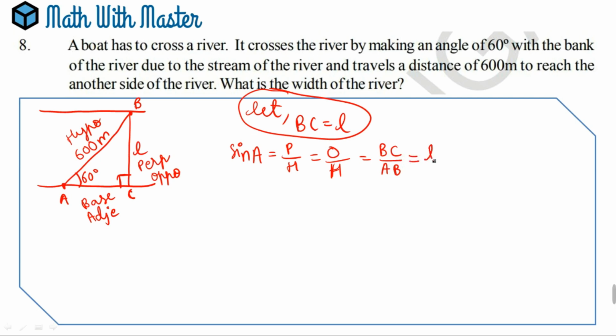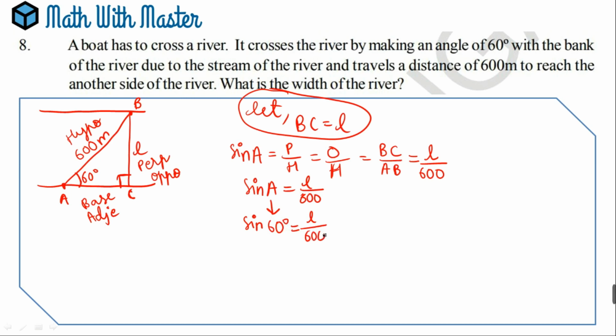Which is equals to here, what is our BC? It is L and AB is 600. So sine A is equals to L upon 600. So instead of angle A, I can put the real value of it, which is 60 degrees. So sine A is equals to sine 60 degrees, which is equals to L upon 600. What is the value of sine 60 degrees? It is root 3 by 2, which is equals to L upon 600.